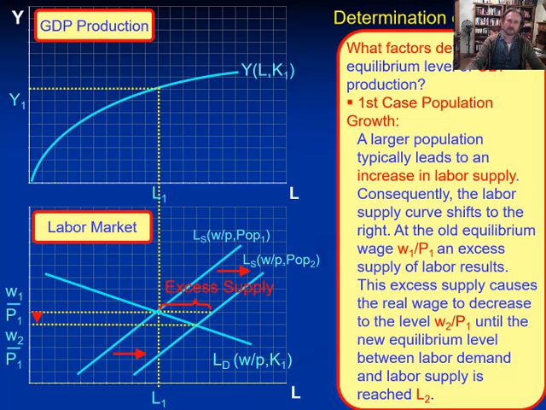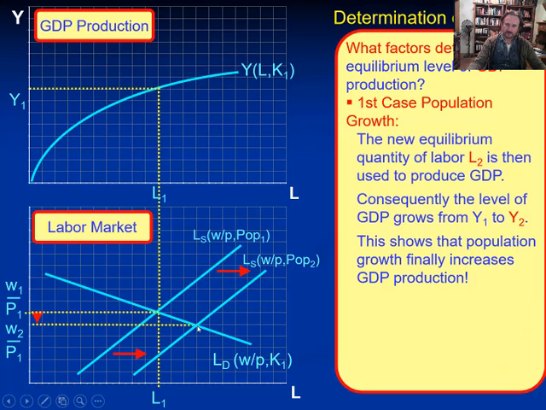When the new equilibrium real wage rate is reached, labor supply and labor demand equal each other again. This is given here in this new intersection point. Here we find now the new equilibrium labor input.